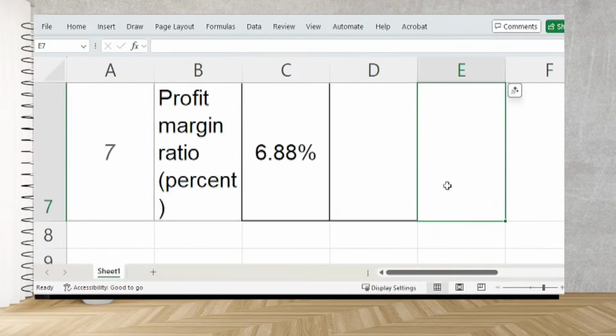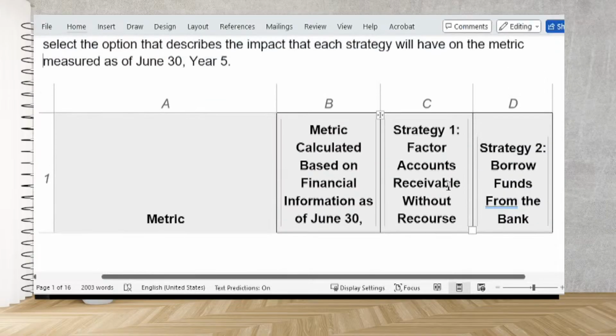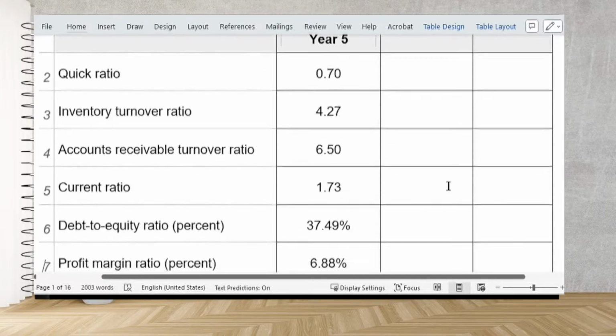Are you able to understand? Any doubt here? Okay, so we are going to move on to the second question. So this kind of questions you will get in a simulation.